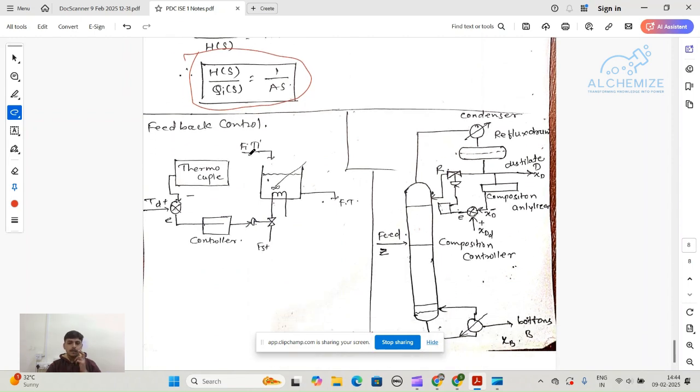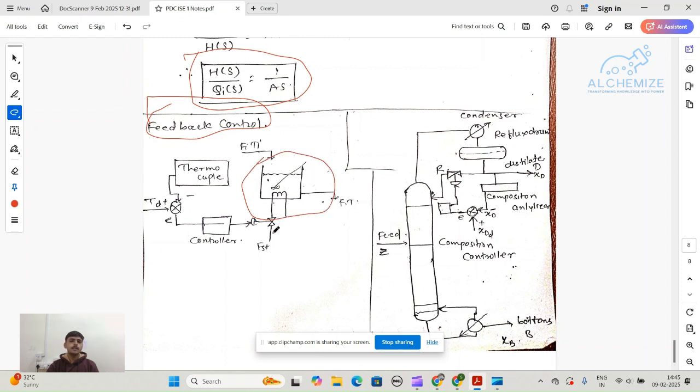Now at the end we will deal with feedback control. It is very important, and I again mention that all the things I am going to explain are from the Chemical Process Control book by Dr. Stephanopoulos. Here is one system, the heating tank system.